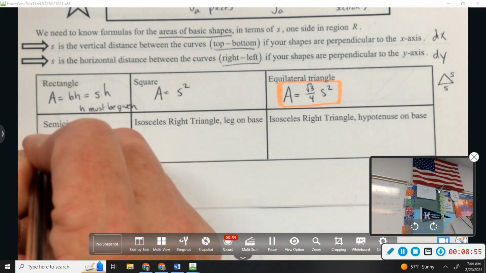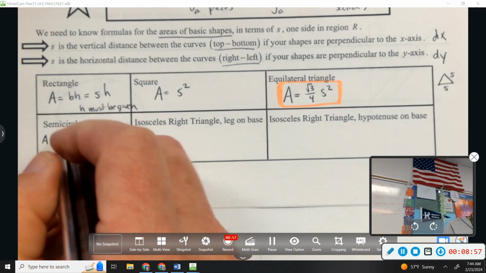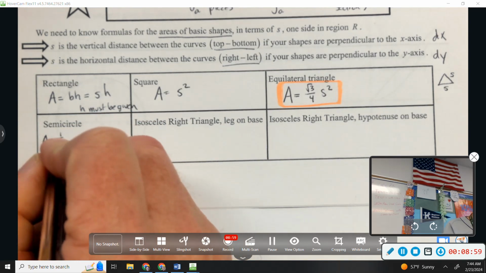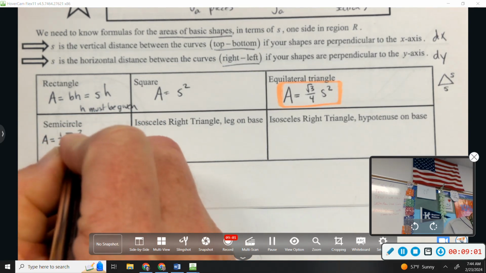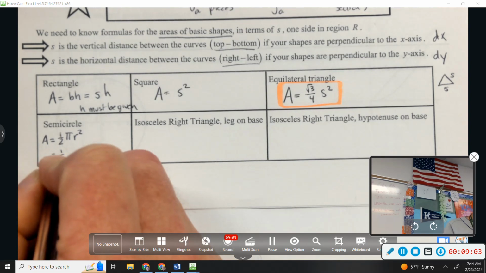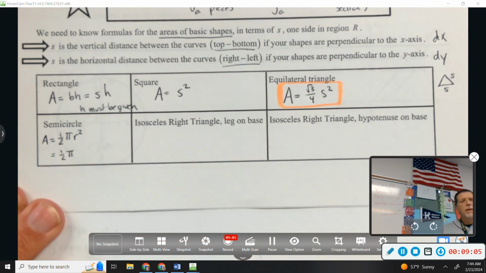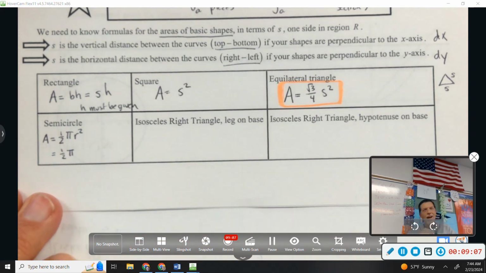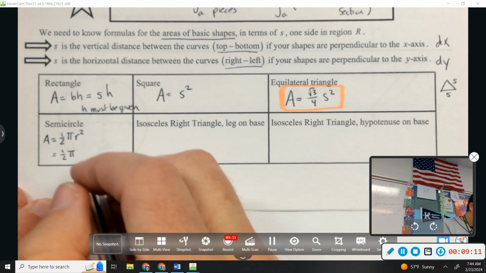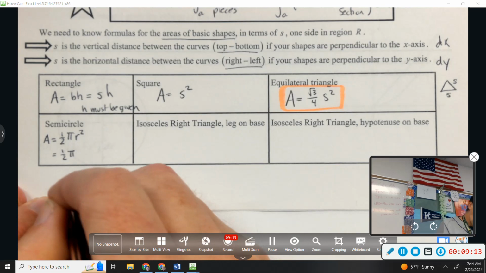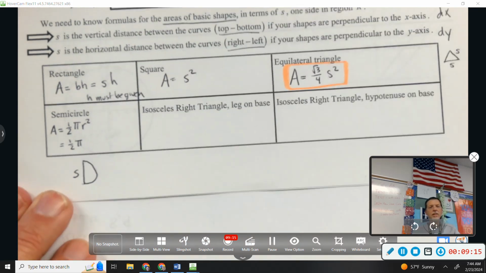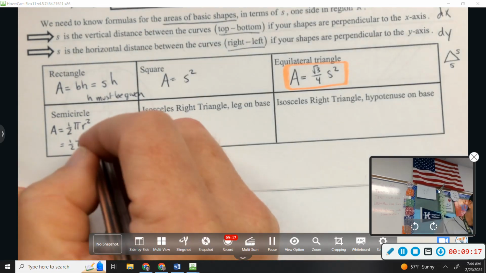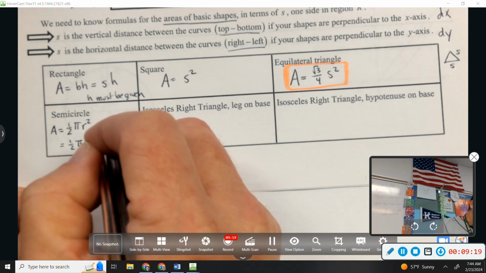A semicircle is, let's see, 1/2 pi r squared. But we have to be careful. We don't have r, we have S, and S is the diameter. So it's 1/2 pi times S over 2 squared.